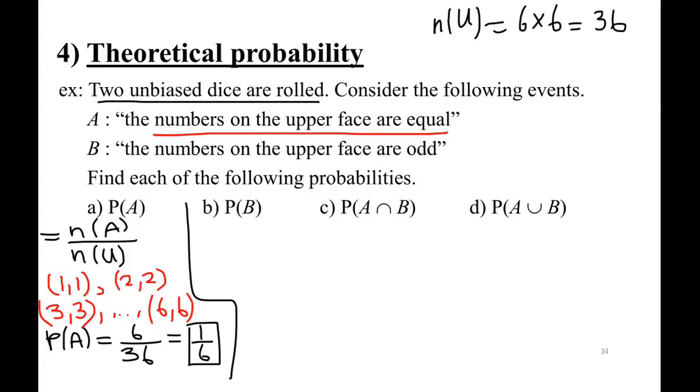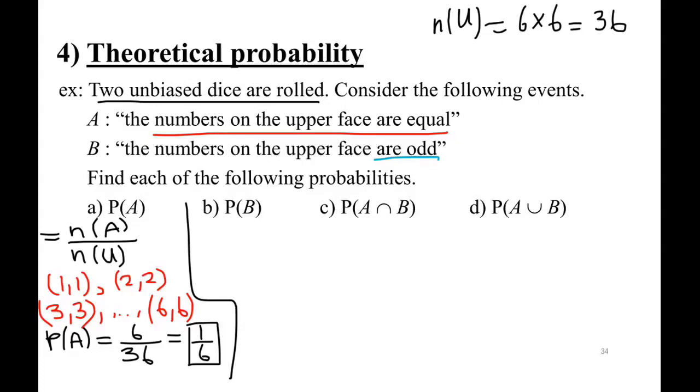Now, if we move to event B, event B is defined by the numbers on the upper face are odd. When the numbers on the upper face are odd, for each die, we have 3 possible faces that are odd, which are 1, 3, and 5.